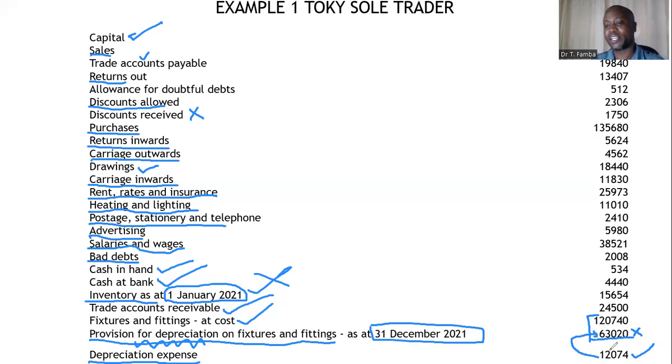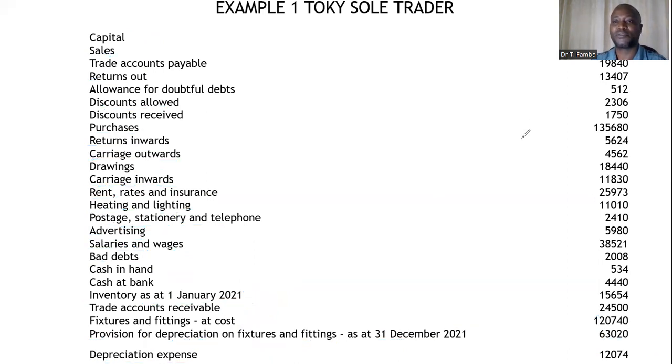So you need to be very careful whilst you are going to calculate the net book value for fixtures and fittings. So let's proceed. I'm going to clear these drawings, and then we move to the next slide.